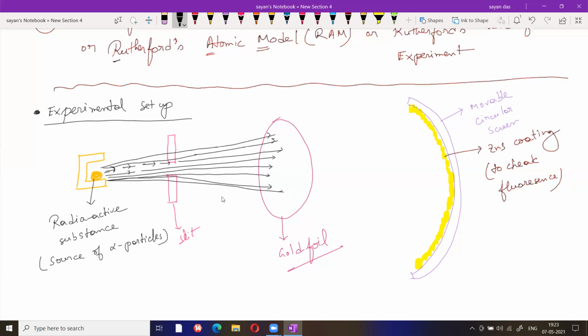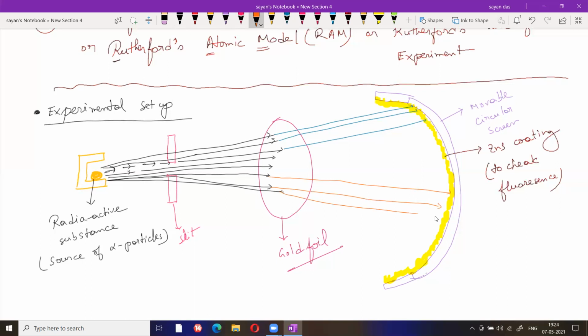What he observed is that most of the rays pass through in a straight line, without any deviation.